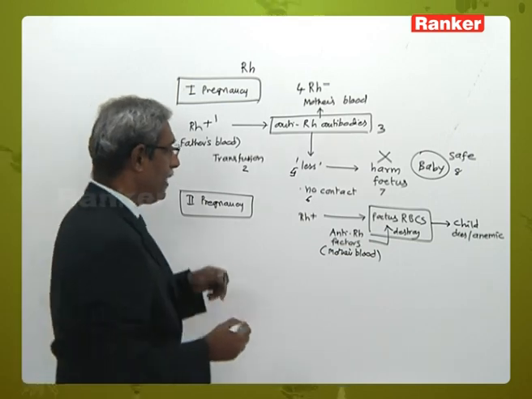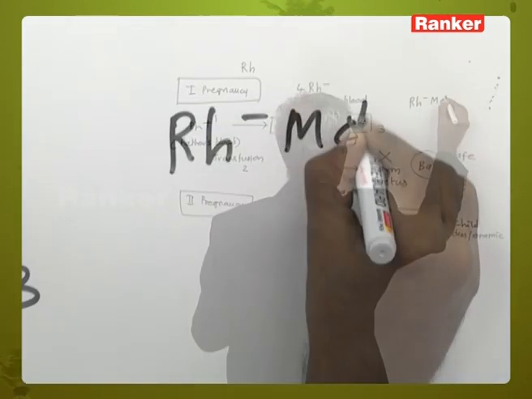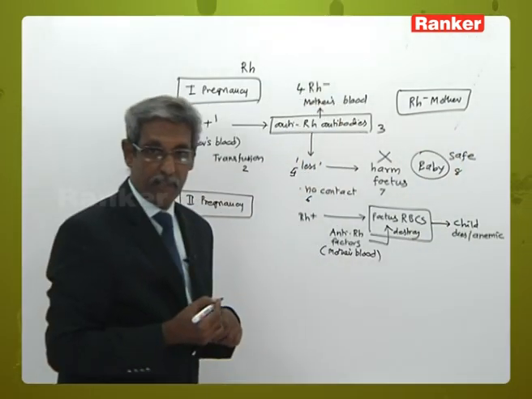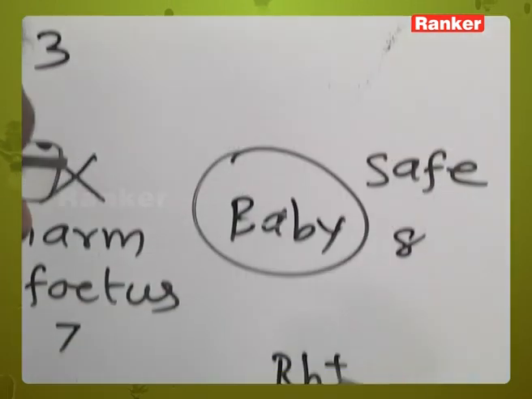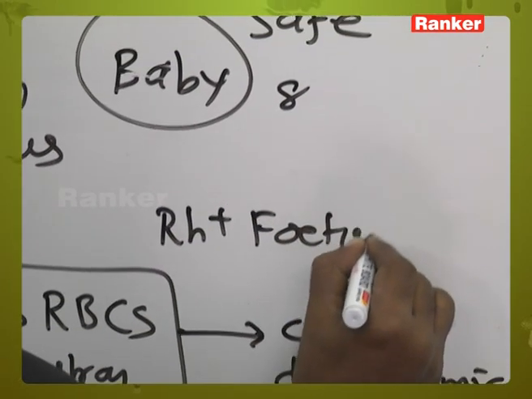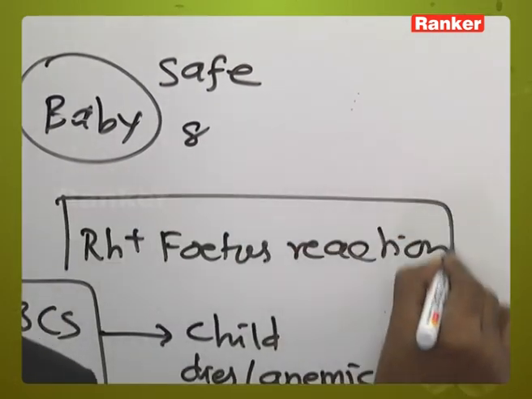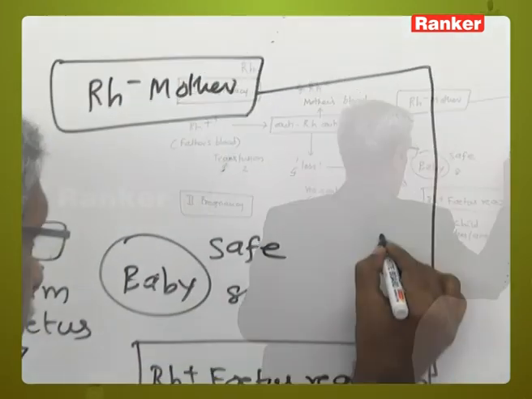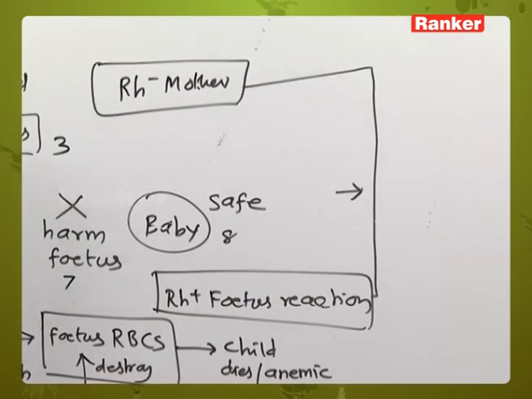So here we have an Rh minus mother, and we have an Rh plus fetus reaction. Primarily during second pregnancy, the reaction is between the Rh minus mother and the Rh plus fetus.